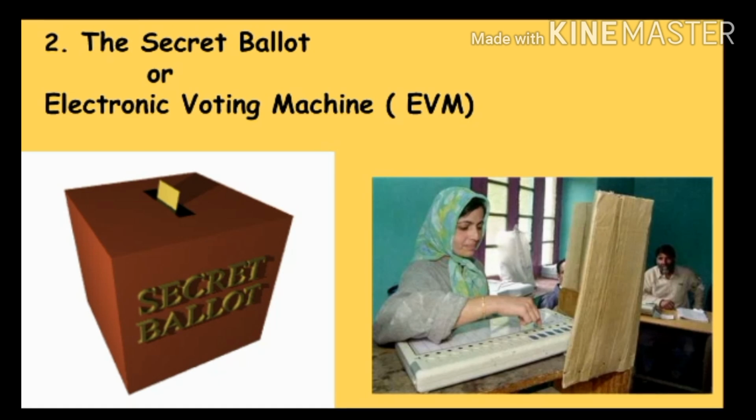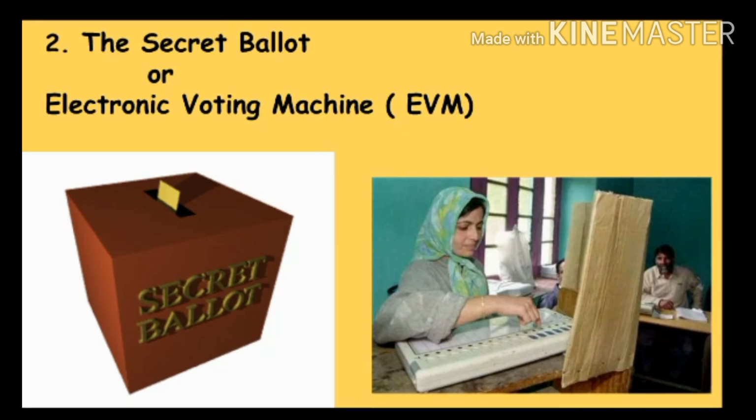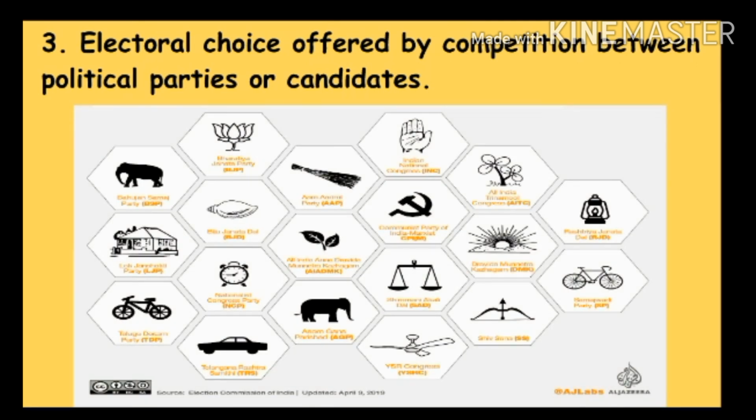If you have ever visited an election booth, you must have seen an enclosure with a box or an electronic voting machine where a voter cannot be seen as they press the button or sign their choice on the ballot paper. 3. Electoral choice offered by competition between political parties or between the candidates.